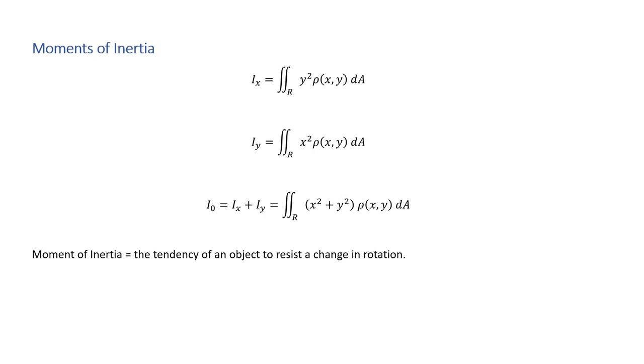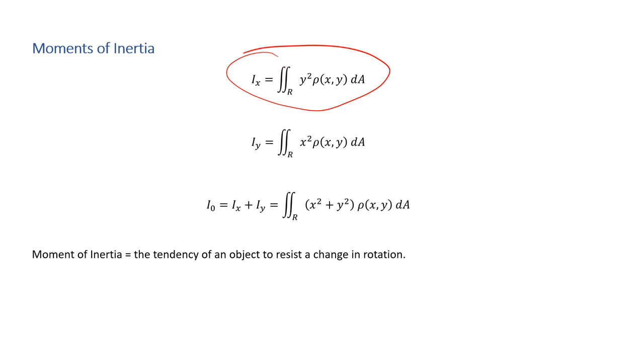Now, we can also use integrals to compute moments of inertia, and this is another topic that you'll probably discuss in a physics class. The moment of inertia of an object describes the tendency of the object to resist a change in rotation. And so I have a bunch of formulas written down on the screen. I've got moment of inertia with respect to the x-axis on the top.